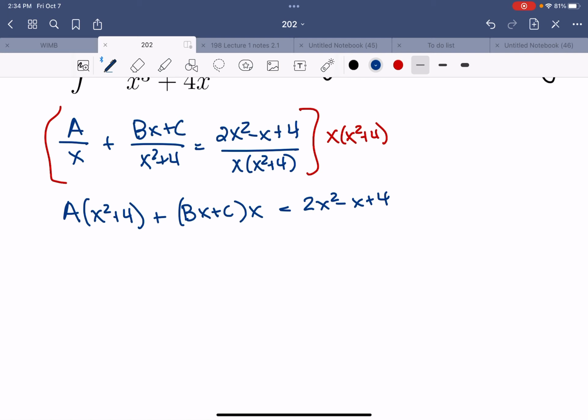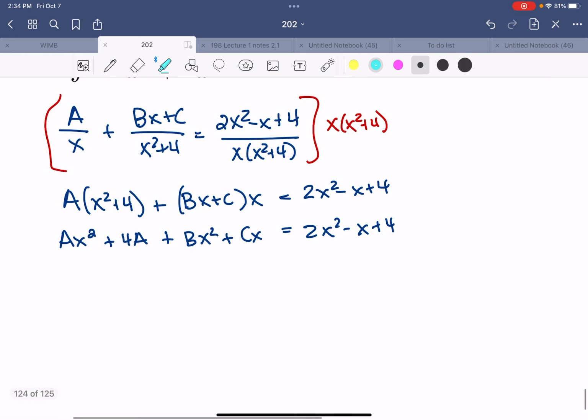So I'm going to multiply this all out and equate coefficients. So we're going to have ax squared plus 4a. And we're going to have bx squared plus cx has to be 2x squared minus x plus 4.